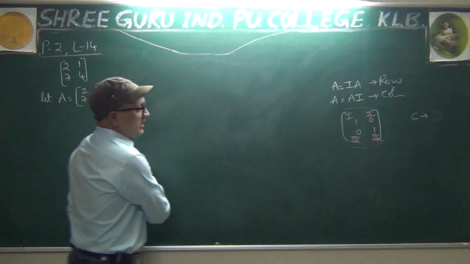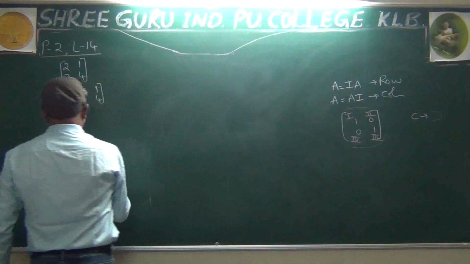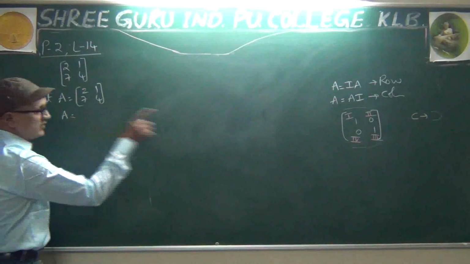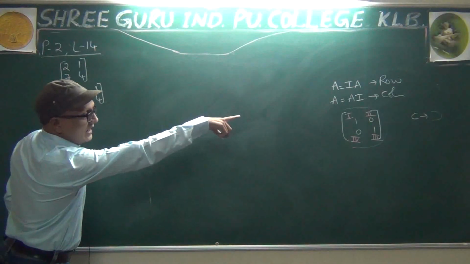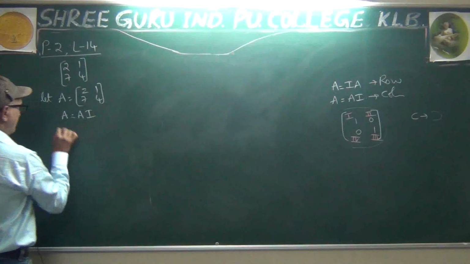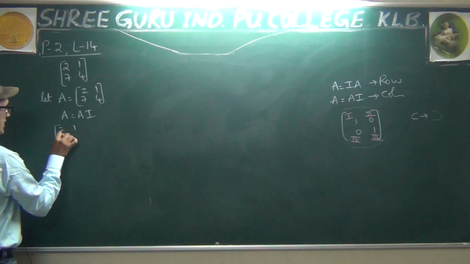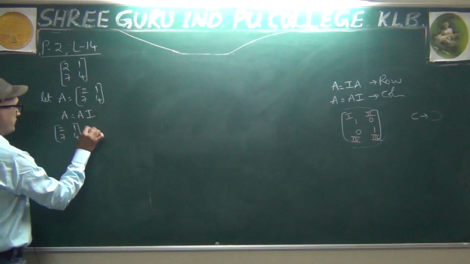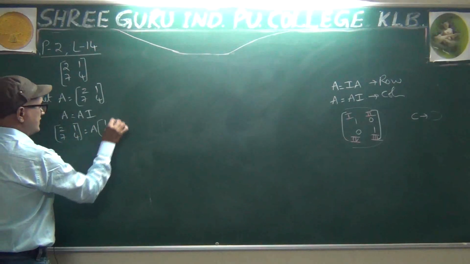So first, we write A equals AI, with A as 2174 and I as 1001.